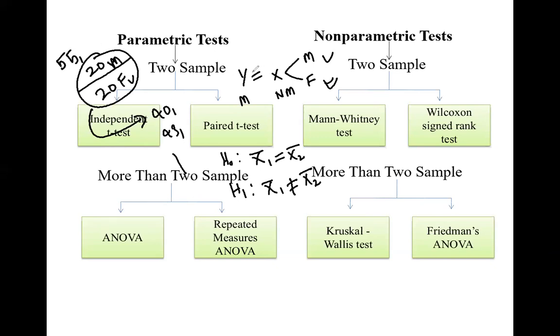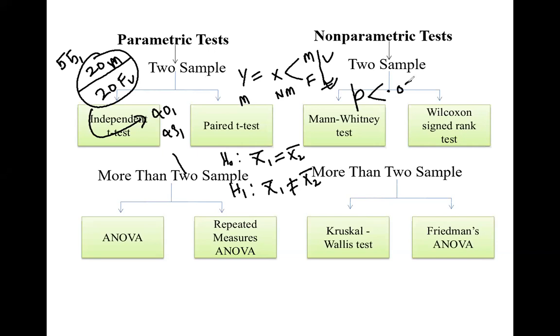So in an independent t-test, we compare two means. We want to know the difference. We should keep in mind that when we compare two means, we will always get a different value. But whether this difference is significant or not, the p-value tells us.